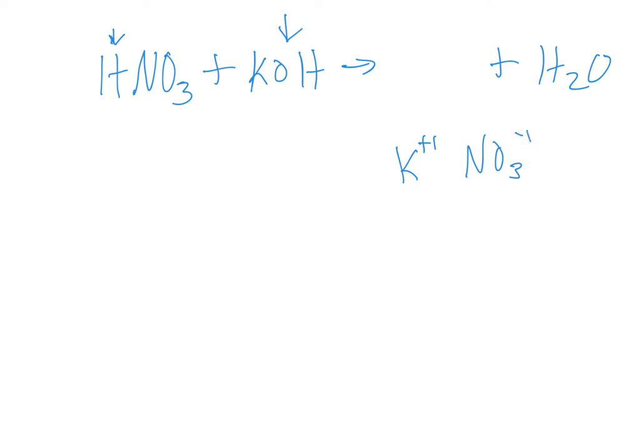So the charges are going to balance out. So just like we learned last unit, we go ahead and write the formula. So that's going to be KNO3, which is called potassium nitrate. So your salt in this case is potassium nitrate.